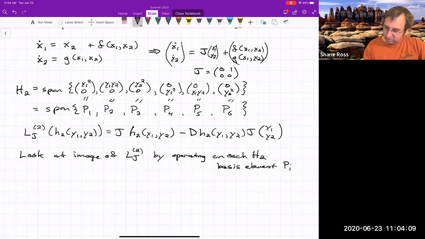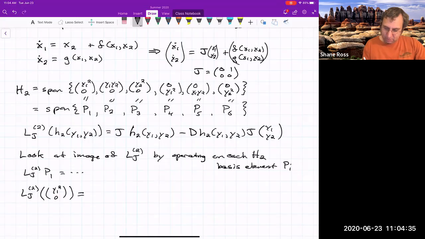And I've called these P sub i. So let me just go through the first one. If we were to look at L_J2 of P1, what does that give us? This would be L_J2 operating on (y1², 0).